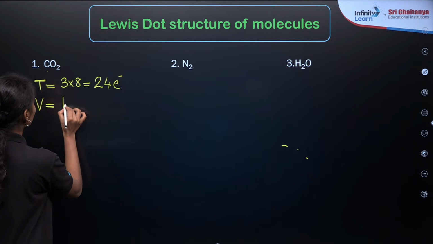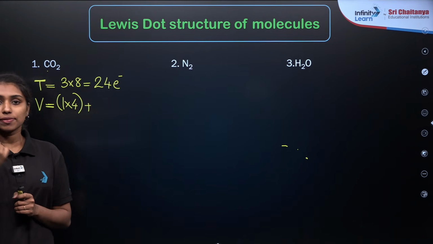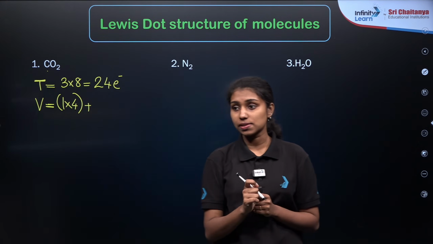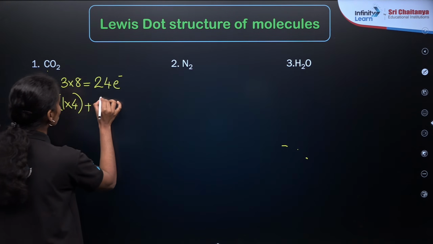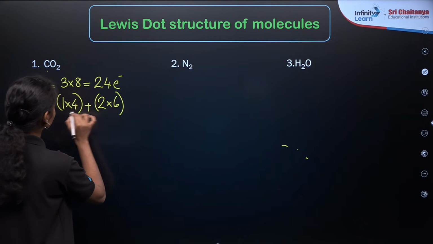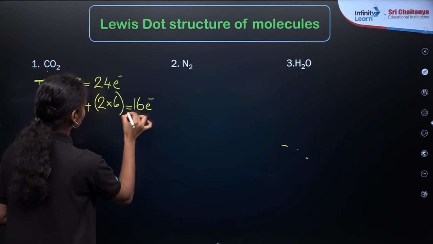For one carbon atom, it is 4. So 1 into 4 plus, in the case of the oxygen atom, atomic number is 8, which means it contains 6 valence electrons. Here total 2 oxygen atoms are present, so it will be 2 into 6. So total it is equal to 16 electrons. Is that clear now?